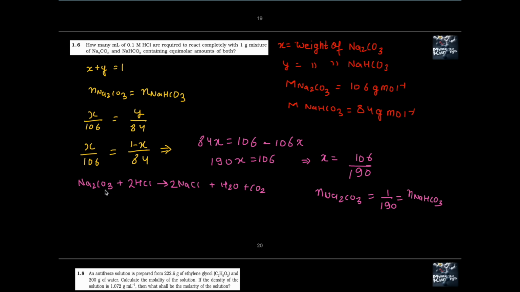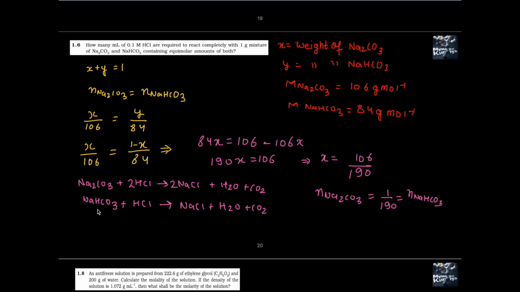It means 1 mole of sodium carbonate reacts with 2 moles of HCl, and NaHCO3 when reacted with HCl will form NaCl, H2O and CO2. It means NaHCO3 reacts with 1 mole of HCl. Okay, so 1 mole of Na2CO3 needs 2 moles of HCl, and 1 mole of NaHCO3 needs 1 mole of HCl.